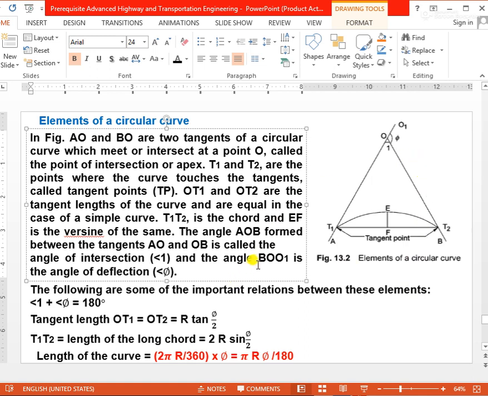And the angle BOO1 is the angle of deflection.